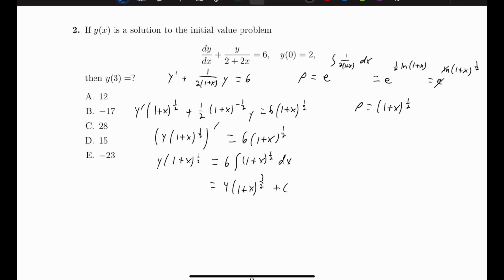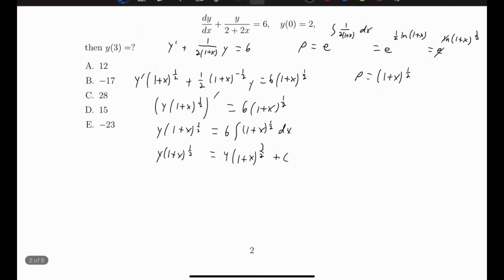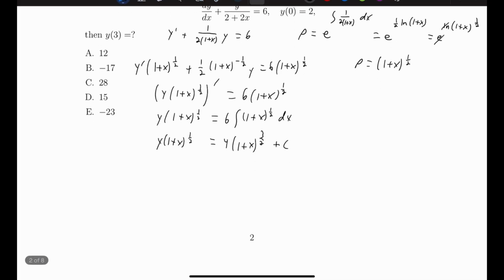And remember your plus c here. We can now go ahead and isolate y by multiplying by 1 plus x to the negative 1/2. So this will just leave us with 4 times 1 plus x plus c times 1 plus x to the negative 1/2. And now we've solved for y.